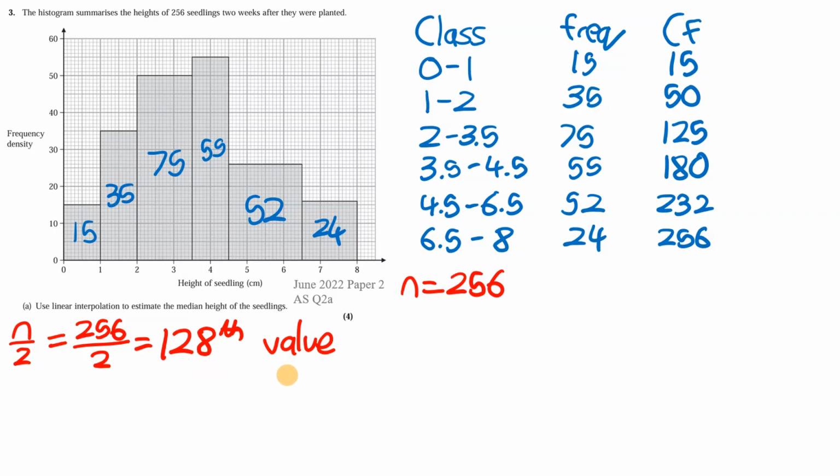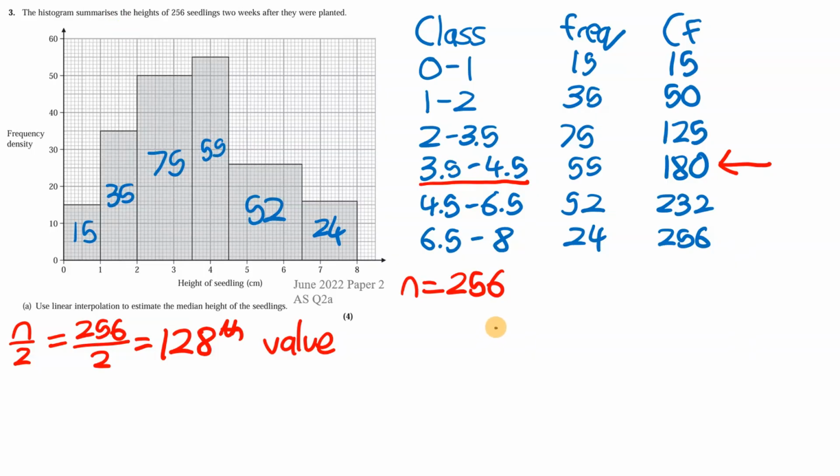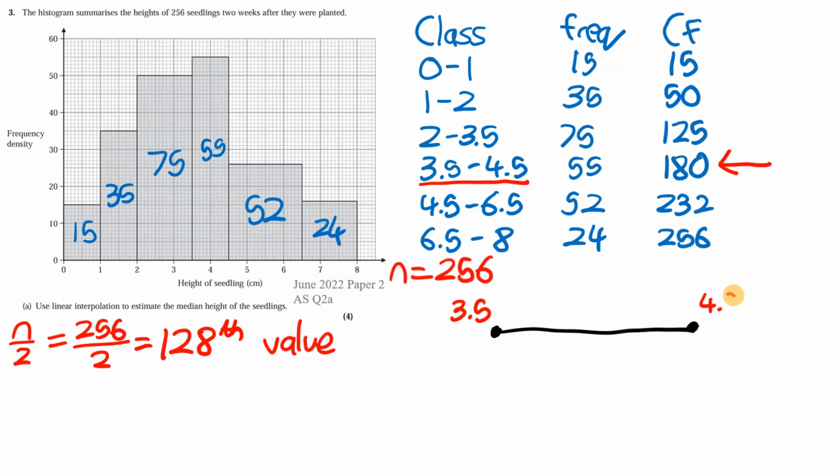So if we look at the grouped frequency table here, 128 is going to be in this class here, 3.5 to 4.5, okay? So when we're doing interpolation, as I talked about in the interpolation video, I like to draw a diagram like this here. If we look at this interval between 3.5 and 4.5, it starts at 3.5 and it ends at 4.5.